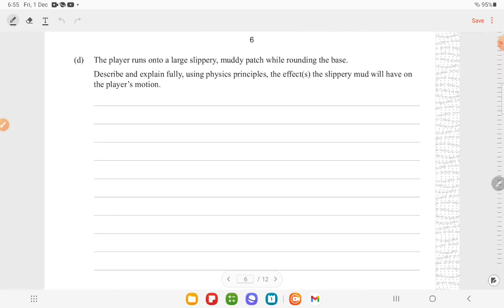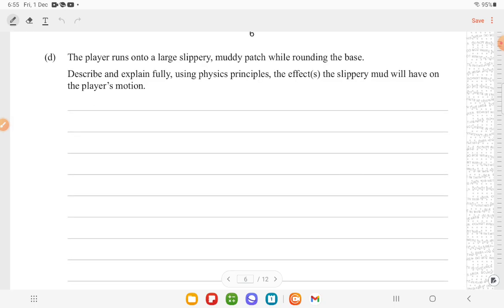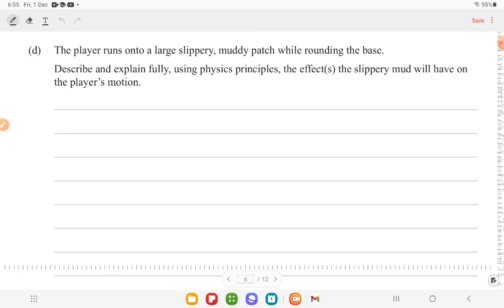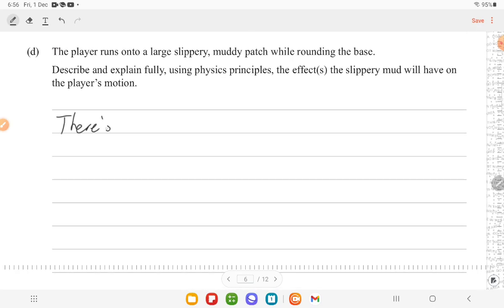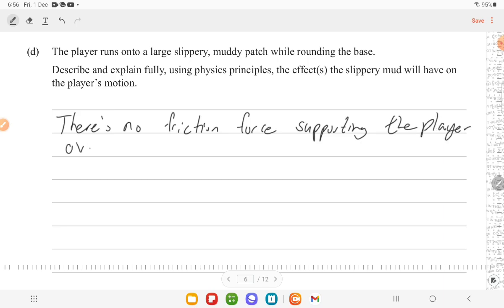The player runs onto a slippery, muddy patch while rounding the base. Describe and explain fully using physics principles the effects this slippery mud will have on the player's motion. So there's no friction force supporting the player over the muddy patch.